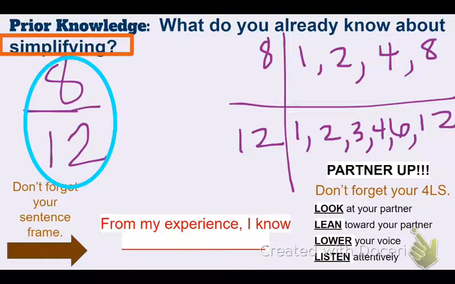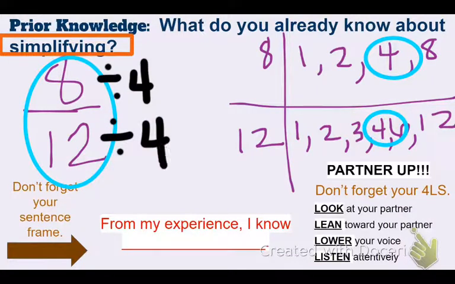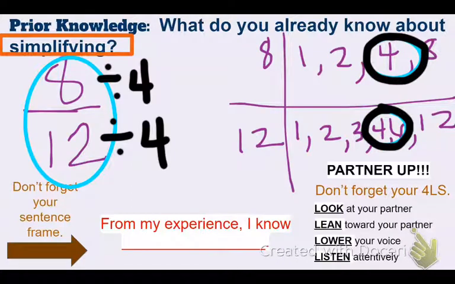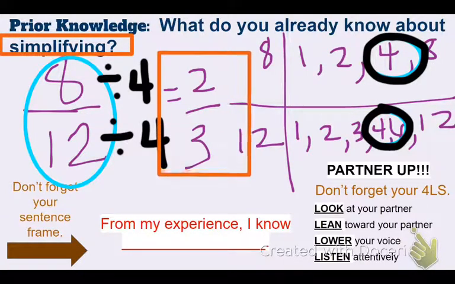Once we have those, we can find the greatest common factor. The biggest factor that they share is 4. Then we can go ahead and divide by 4. Once we divide by 4, we know the simplified fraction is 2/3. Or 2/3 is equivalent to 8/12.